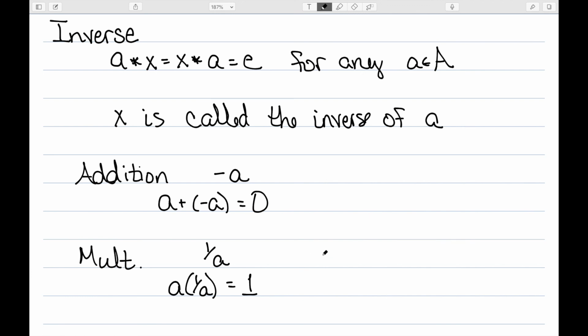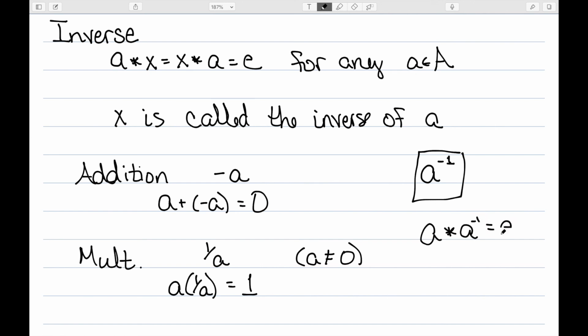However, it is important with multiplication to specifically point out that a is not equal to 0. So it is possible that we have inverses for some elements, but not others. And most of the time, we denote the inverse by a to the negative 1. So a to the negative 1 is going to mean inverse. So we could write this as a star, a to the negative 1 equal to e.